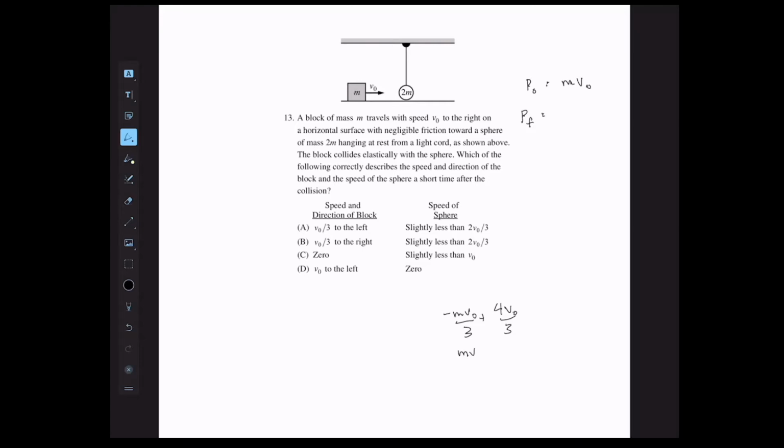If it's mv0 over 3 plus 4v0 over 3, that's not true. If it's 0 and then 2mv0, that's not true. And if it's negative mv0 plus 0, that's not true. So A is the only answer choice in which momentum is conserved.